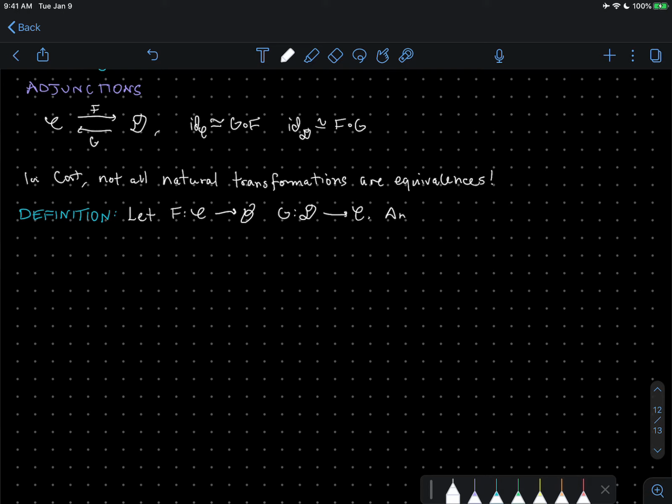Then an adjunction between F and G consists of a choice of two natural transformations. First of all, a natural transformation eta that goes from the identity on C to the composite G with F. This is called the unit of the adjunction.